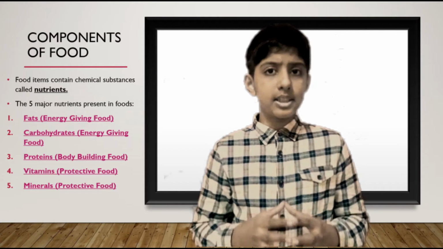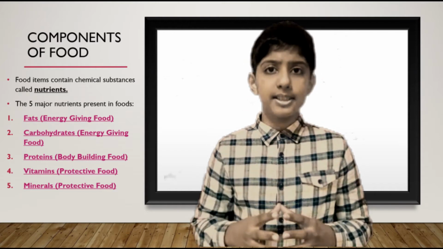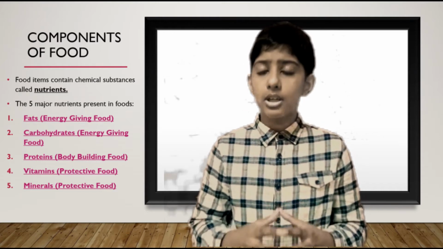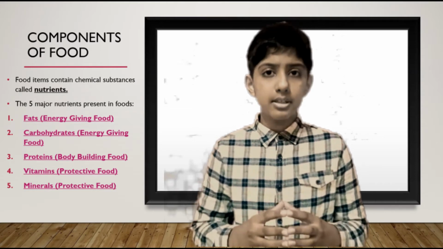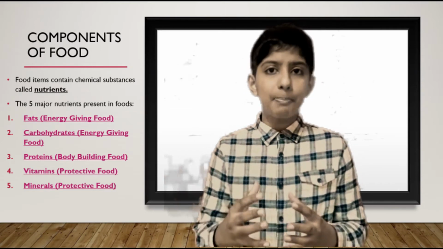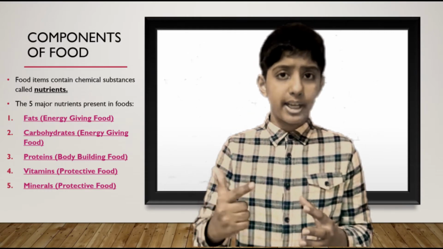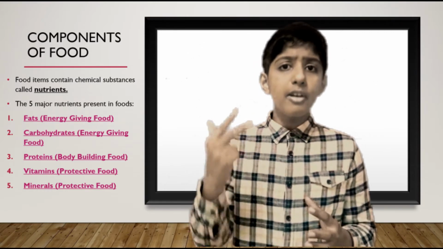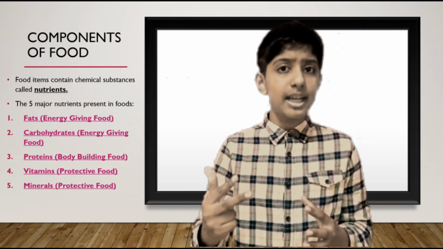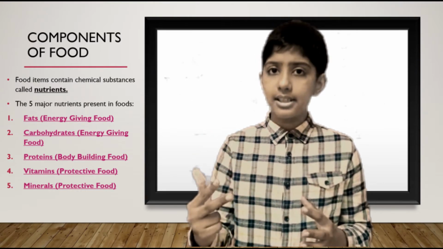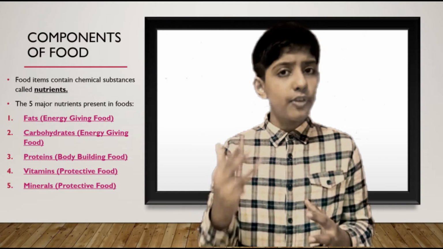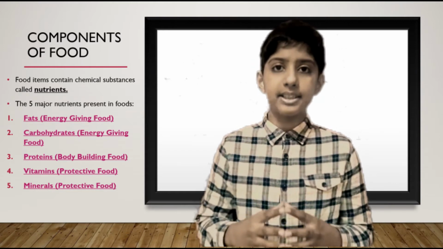Food contains smaller chemical substances that are called nutrients or components of food. Nutrients help us in giving us energy, proper maintenance of the body as well as growth, repairing of the damaged tissues and injured organs, and keep us immune to various infections and diseases.